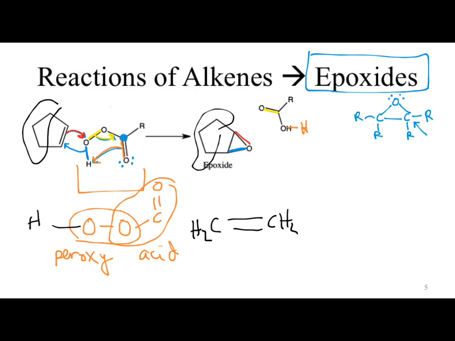And I said we react this with another peroxy acid. Let's just draw it like this. What's your product? I'm going to have my carbon, my epoxide ring. What else?